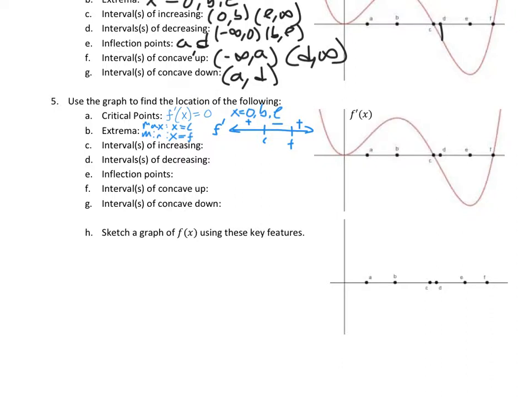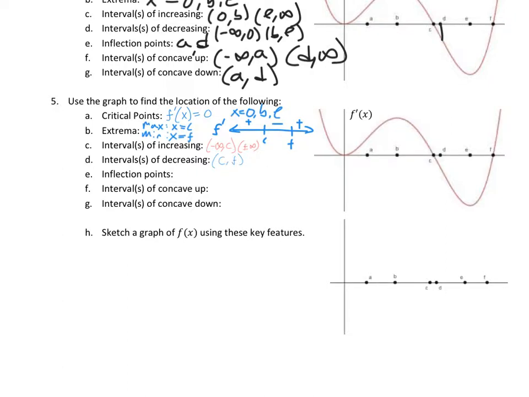Let's use our number line. So we're increasing from negative infinity to C, and then we're increasing from F to infinity. Where are we decreasing? That's when the derivative is negative, and so we're decreasing from C to F.